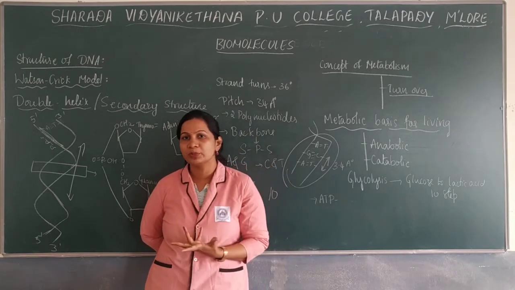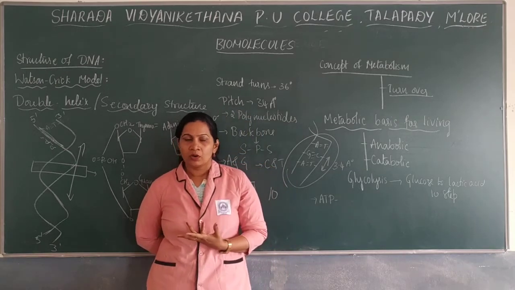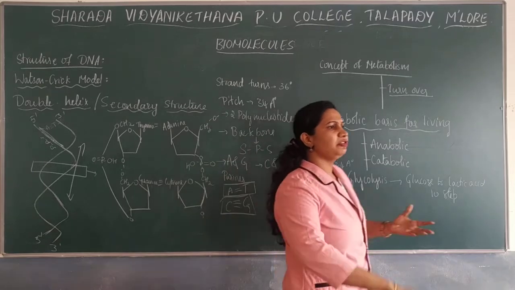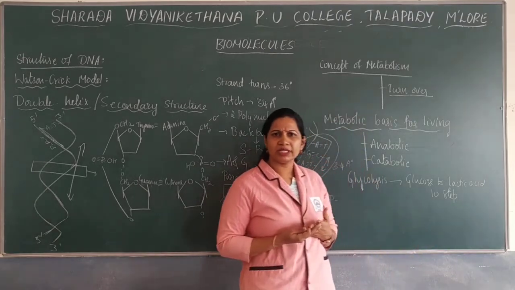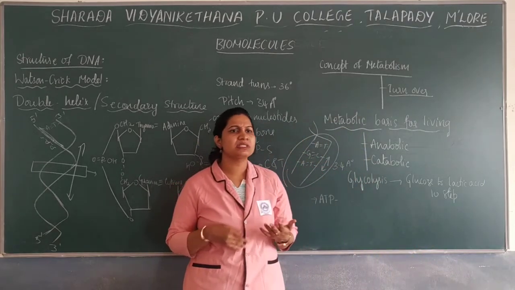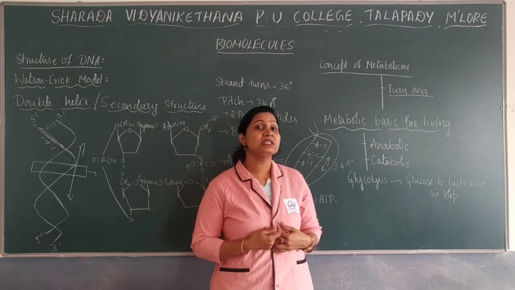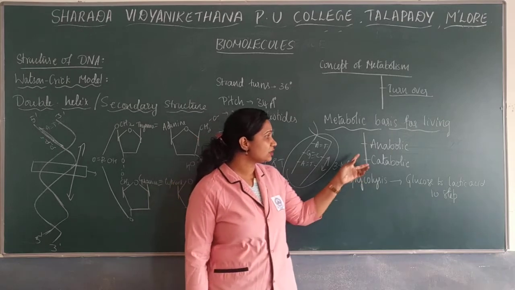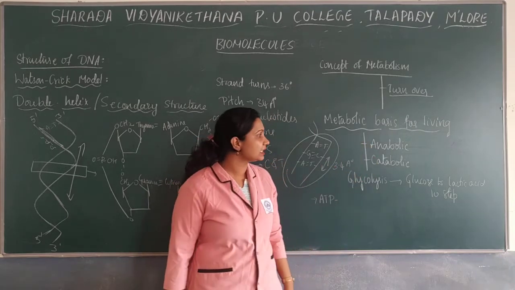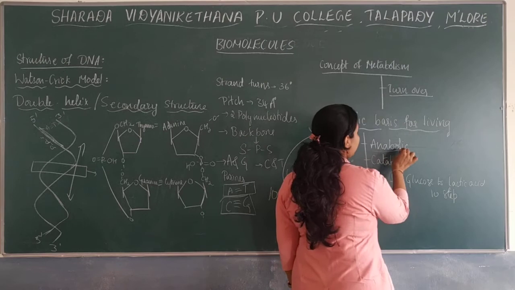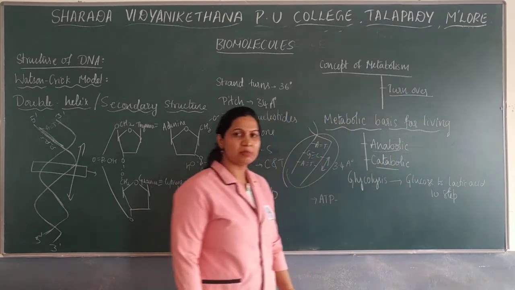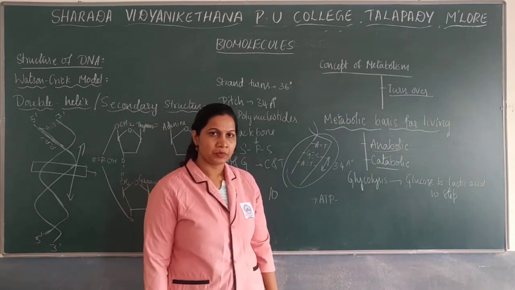These reactions can also be done in laboratory conditions outside the system. But naturally, metabolism mainly consists of two processes: the anabolic pathway, or anabolism, and the catabolic pathway, or catabolism.